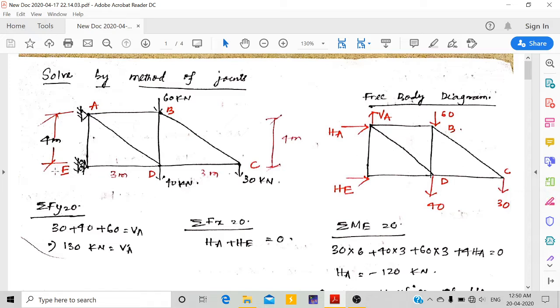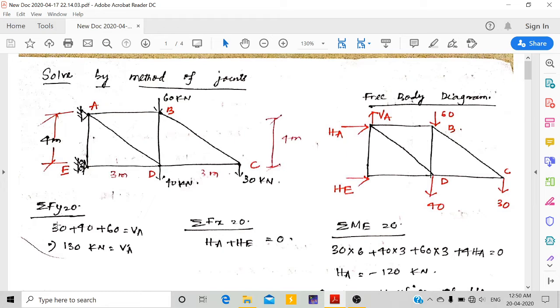So as you can see, the roller is only capable of resisting the horizontal motion here. However, it can move in the vertical direction, and the hinge is capable of resisting the horizontal and vertical. I don't know the directions, so I am taking the reaction direction as HA and HE in the inward direction, and VA in the outward direction.